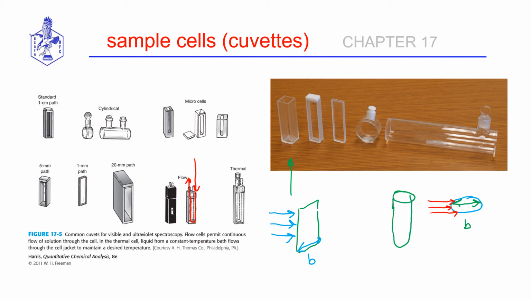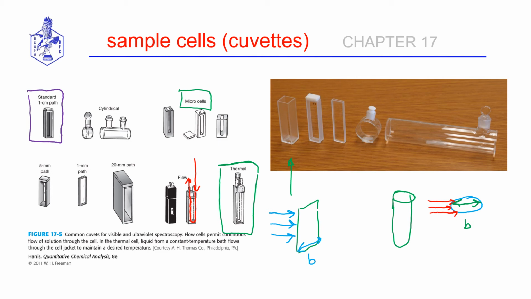You can actually heat cells so that you know the temperature and can do kinetic studies. You can analyze very tiny samples with microcells. But the standard sample cuvette for most common work is a square cuvette made of glass.